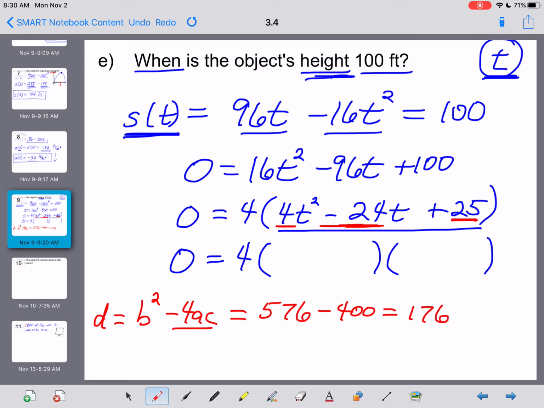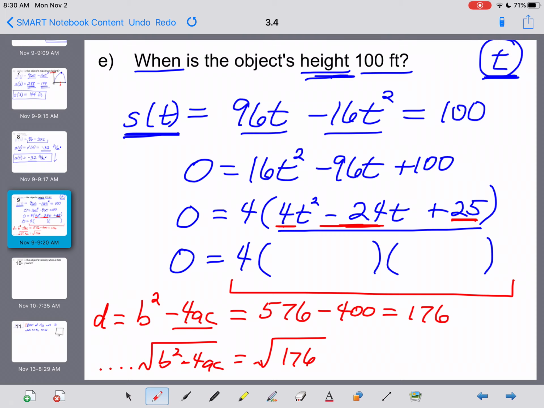And if you remember, within the quadratic formula, you end up taking the square root of b squared minus 4ac. So in this case, that becomes the square root of 176. And here's a real simple way, guys, to know if you need to waste your time trying to factor or not.